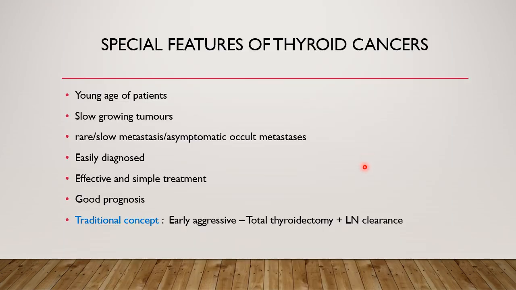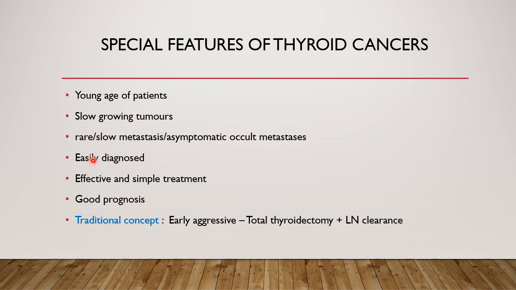There are some special features of thyroid cancers as compared to the traditional overview of cancers. Thyroid cancers affect young patients. Most of the patients are around 30, an average of around 30 years of age. The tumors, especially the differentiated thyroid tumors, are slow growing tumors, and they rarely metastasize or are very slow to metastasize. And there are a lot of them with asymptomatic occult metastasis, which may be insignificant.